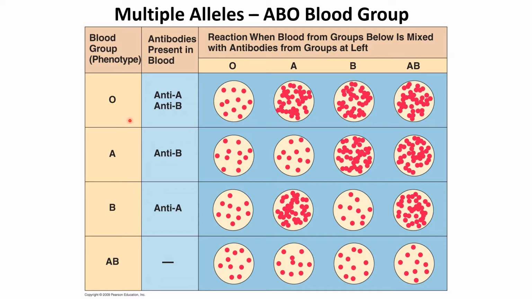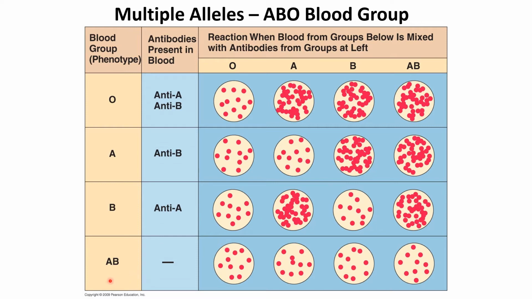And that means O can only accept O, and it cannot accept A, B, and AB. And so on. A and B blood groups react the same way, where A has antibody B, and it will react with any presence of carbohydrate B, either in B group or in AB group.